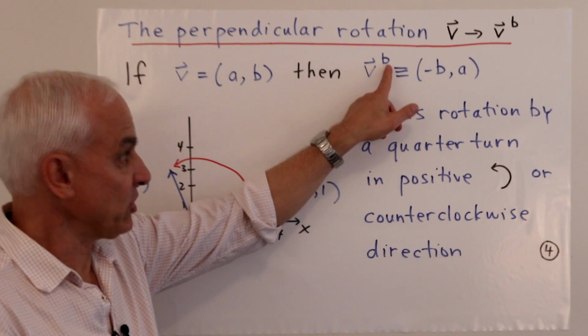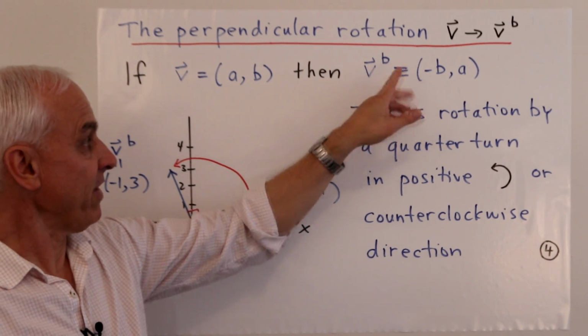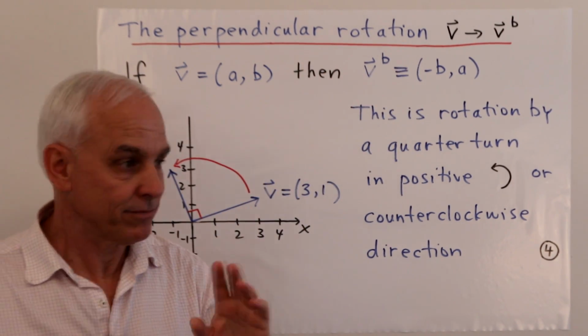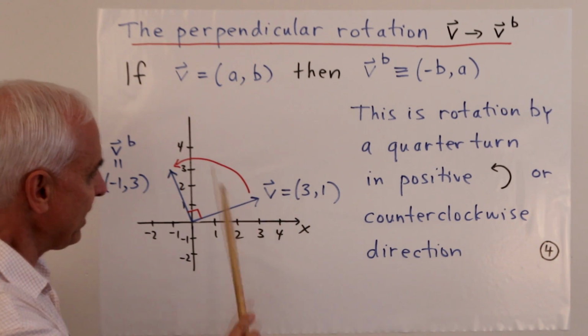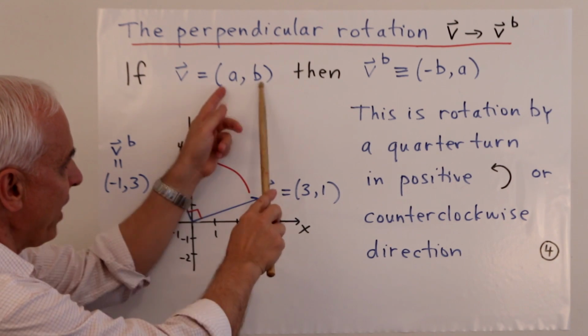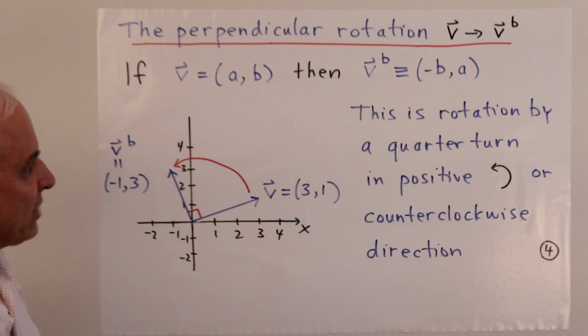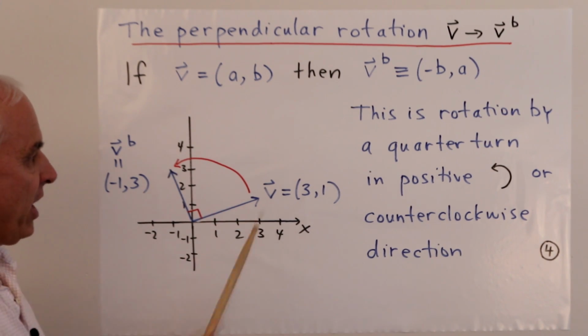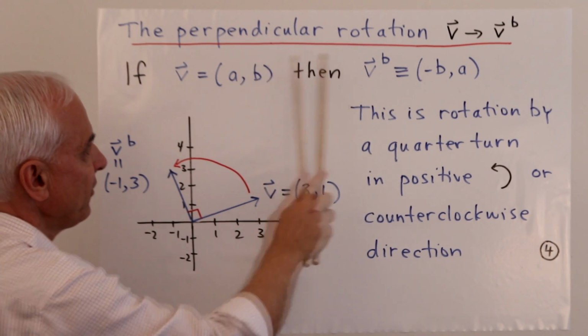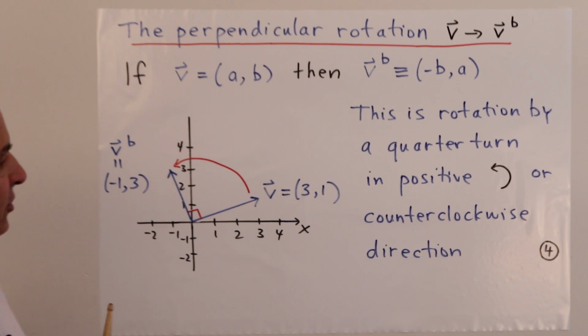Okay, and this b actually stands for blue. It doesn't have anything to do with the b that's in there, so just pay attention to that. Okay, so for example, if the vector v is (3, 1), then the transformation takes that to (-1, 3). Okay, the entries interchange and the first one has a minus sign introduced.